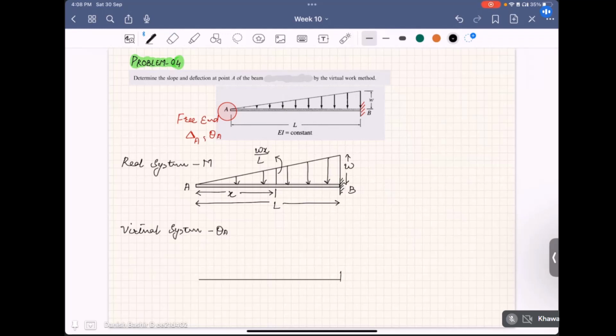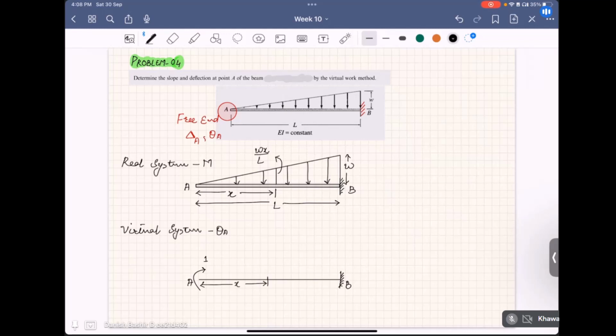You have to do only one thing: remove the loading at free end A, free end B, and apply a unit moment at that point. So this is one, in the direction we are assuming the slope will happen. So this is x again.